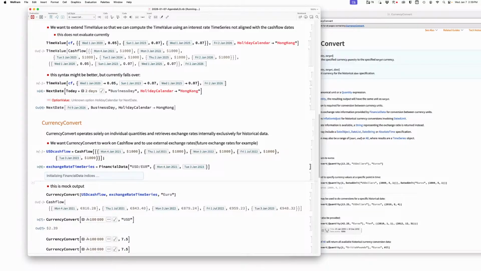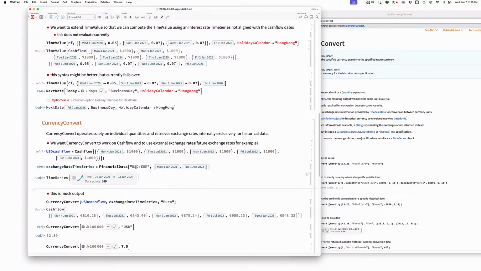Okay, but that output, it would be nice to make this output, okay, that's a time series, but the units of that time series are, first of all, I think if we're going to be dealing with time series, we should probably have a function that simply gives you the exchange rate time series rather than doing this slightly hacky thing here. Am I making sense?